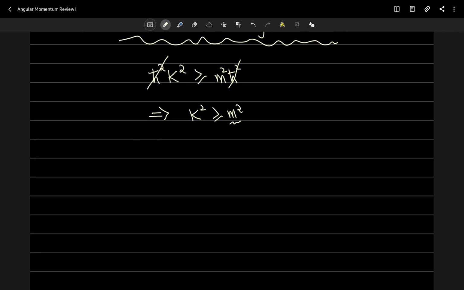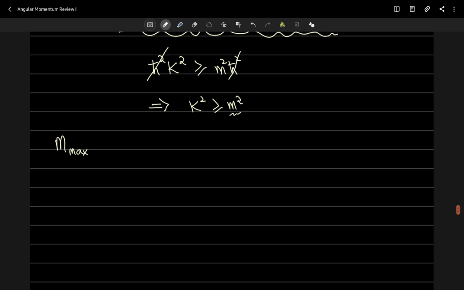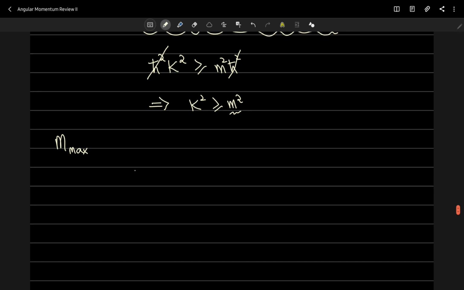So let's say we have some m maximum, some maximum value that m can assume for a given angular momentum h bar k. Then if I take j plus and act it on psi j m max, it would just vanish. It would just give me 0.